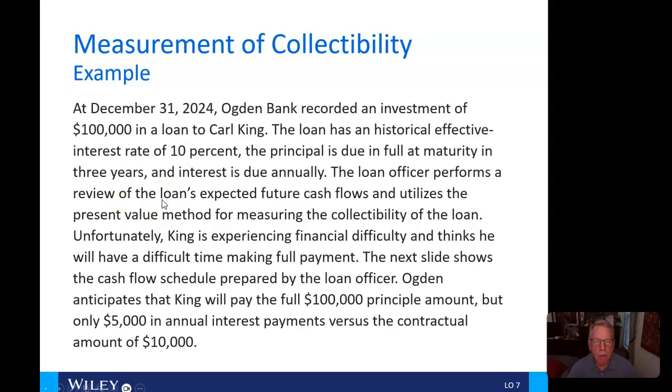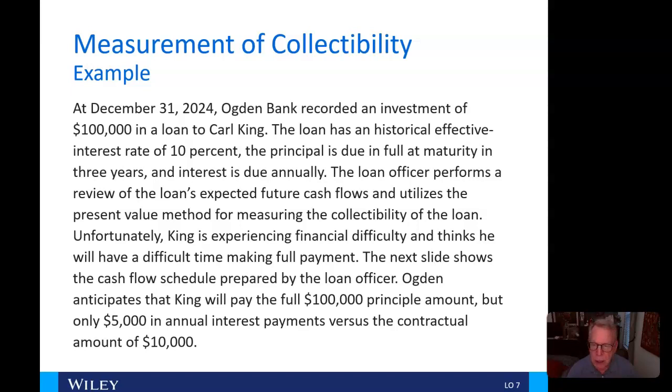The loan officer performs a review of the loan's expected future cash flows and utilizes the present value method for measuring the collectability of the loan. Unfortunately, King is experiencing financial difficulty and thinks he will have a difficult time making full payment.